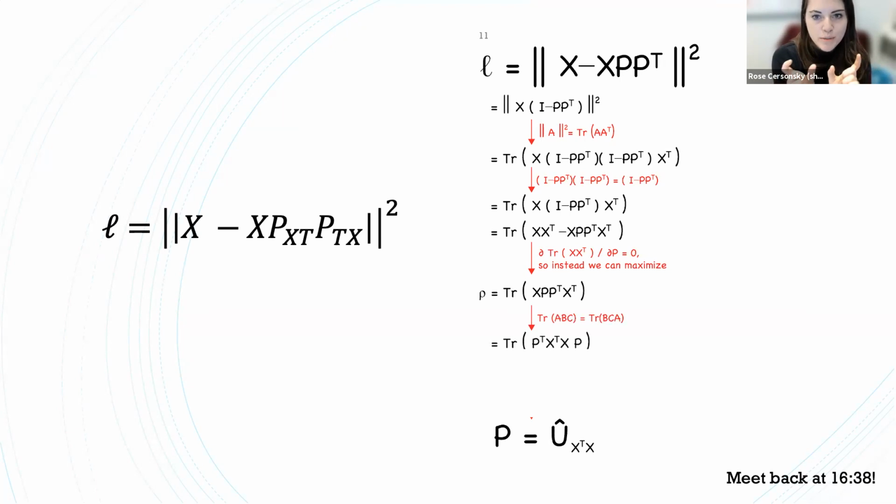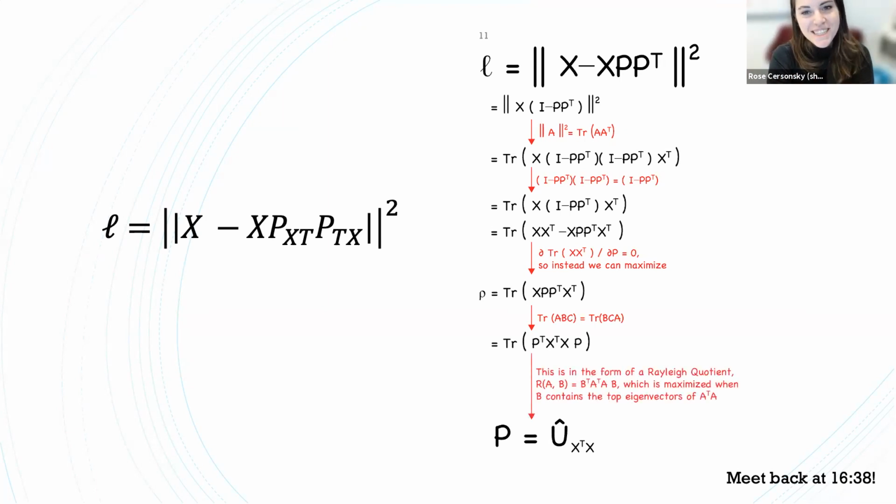So then we do a little bit of fun linear algebra swapping, that we know we can do cyclic rotations inside that trace and get the same answer. And then this is kind of a cheap shot on my part, but this final piece here is in the form of a Rayleigh quotient.